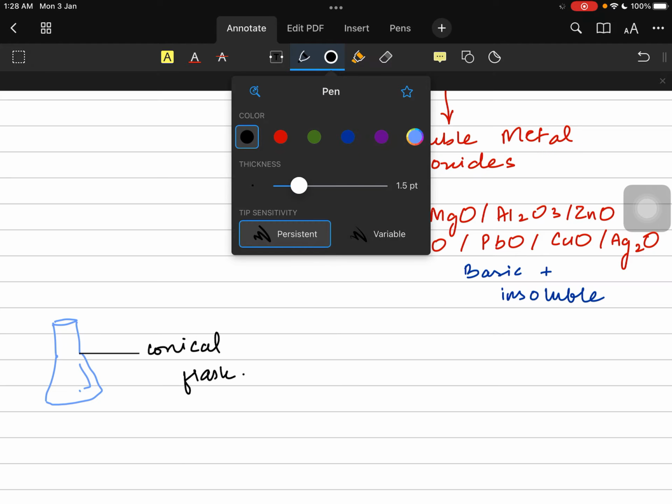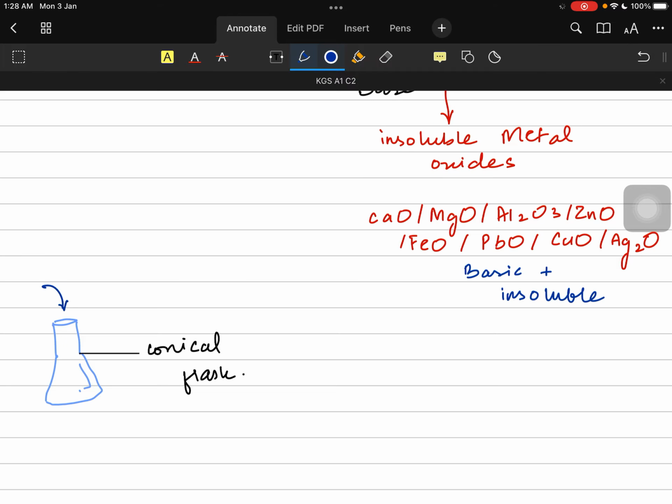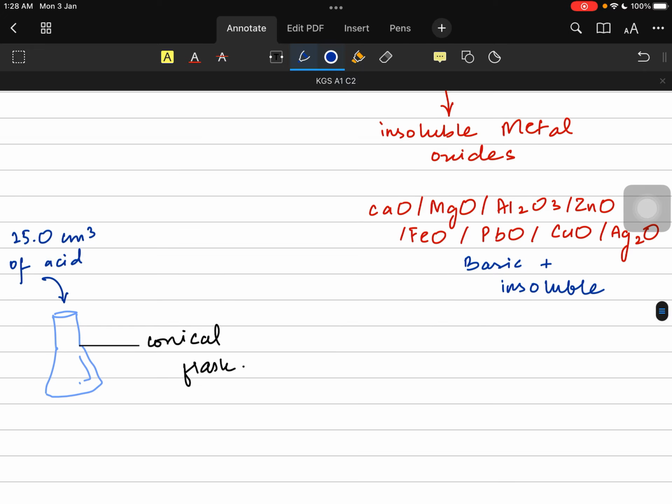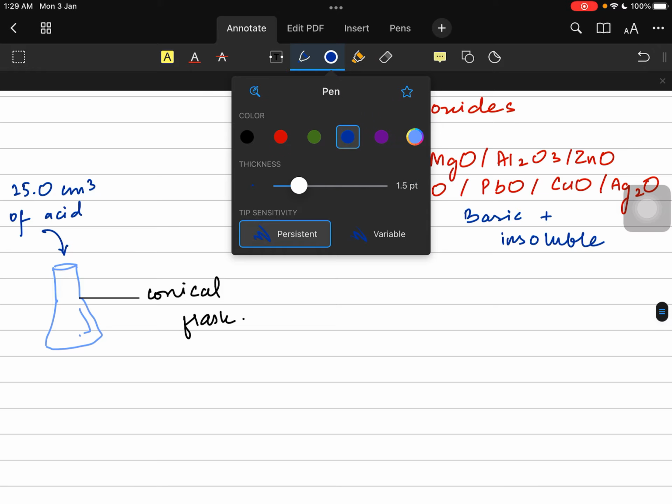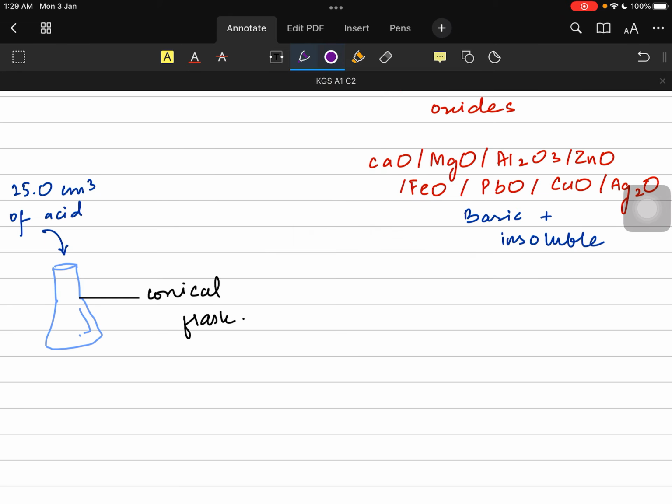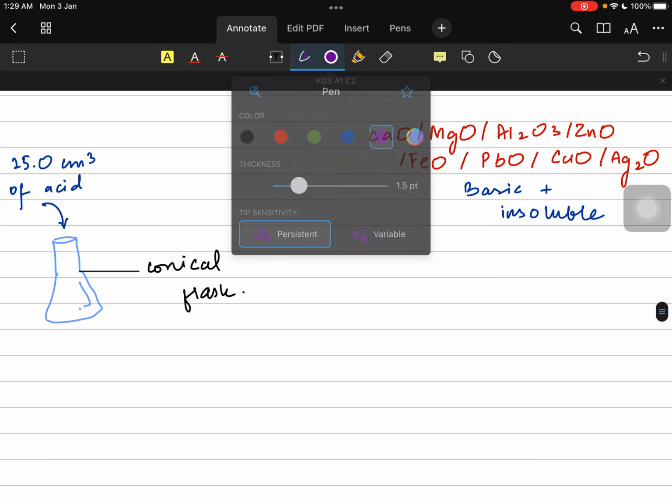Then within the conical flask, you add 25.0 centimeter cube of acid, whichever acid you want to use, hydrochloric acid, sulfuric acid, nitric acid. Once you have it, then what you do is you take your conical flask and then you add excess insoluble base. Now you could be adding any metal oxide over here.